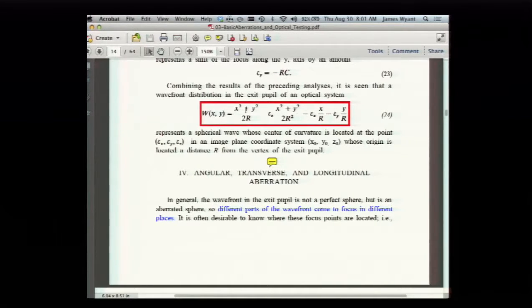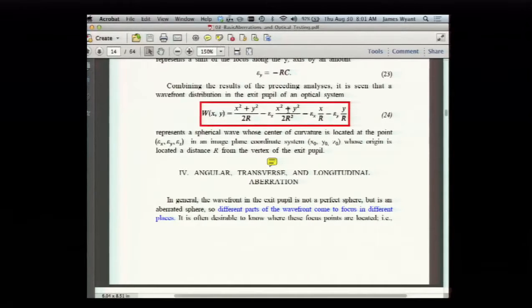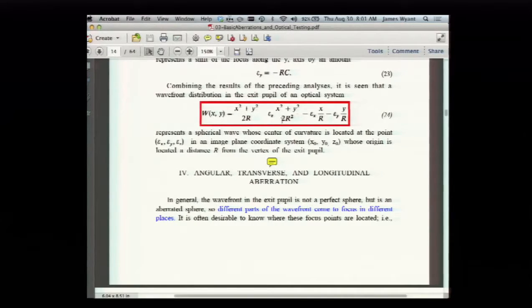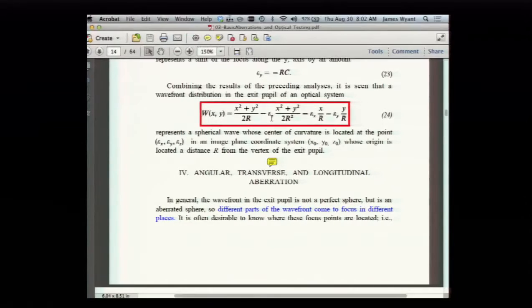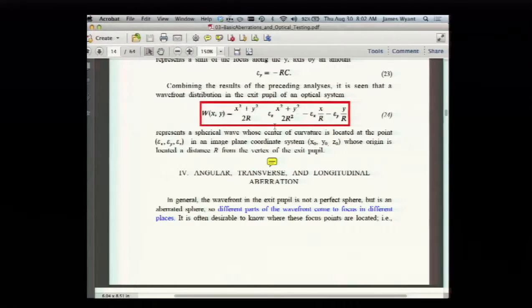And if we have then a shift in the image position of epsilon sub z, a longitudinal shift, then we have a wavefront here that goes as epsilon sub z, x squared plus y squared over 2r squared. And if epsilon sub z is positive, then this is a negative quantity. Or if we were to increase the curvature, increase the OPD, then the epsilon sub z would be negative to make the result here positive.